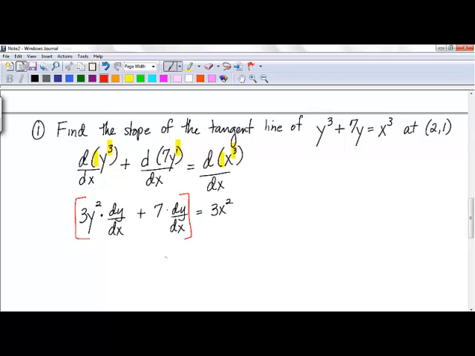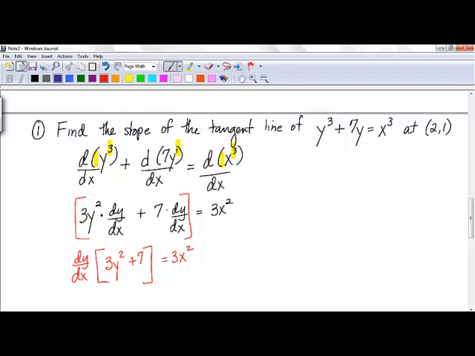So that step's actually already done. Third step, factor out. Okay, factor out the dy over dx, derivative of y with respect to x. And you'd still have a 3y squared plus 7 equals 3x squared. Okay, and then the last step says solve for the derivative by dividing.